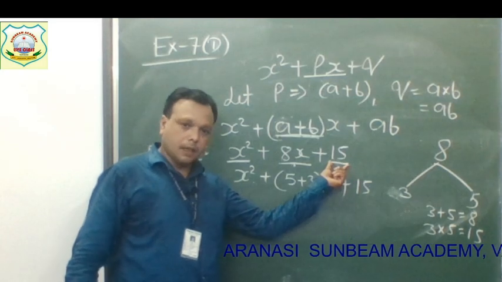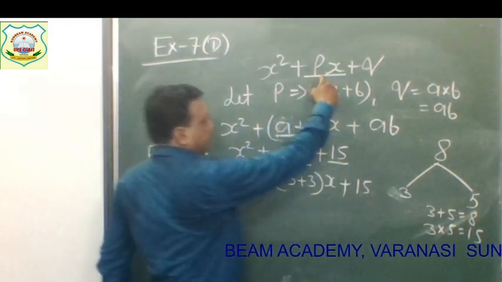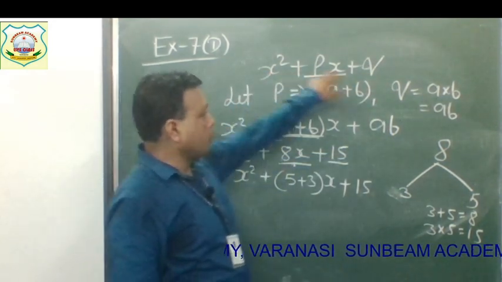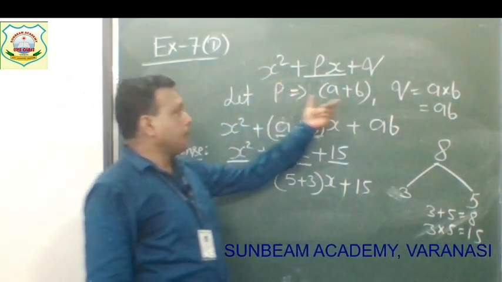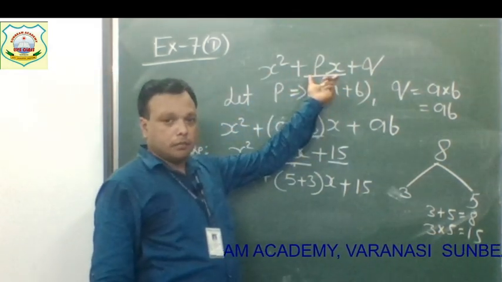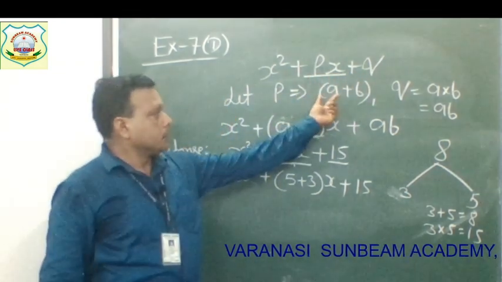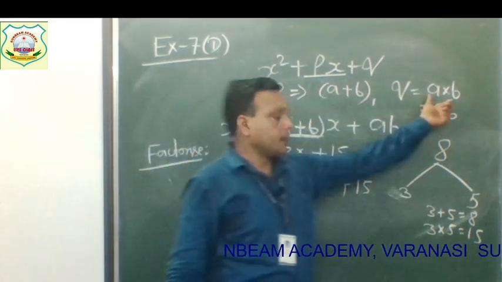Clear students? Again I am explaining, students, x square plus px plus q is a general term, the quadratic polynomial, quadratic form, and here we have taken p as a plus b because the middle term we will split. Q is the same form, split variables, it should be multiplied.